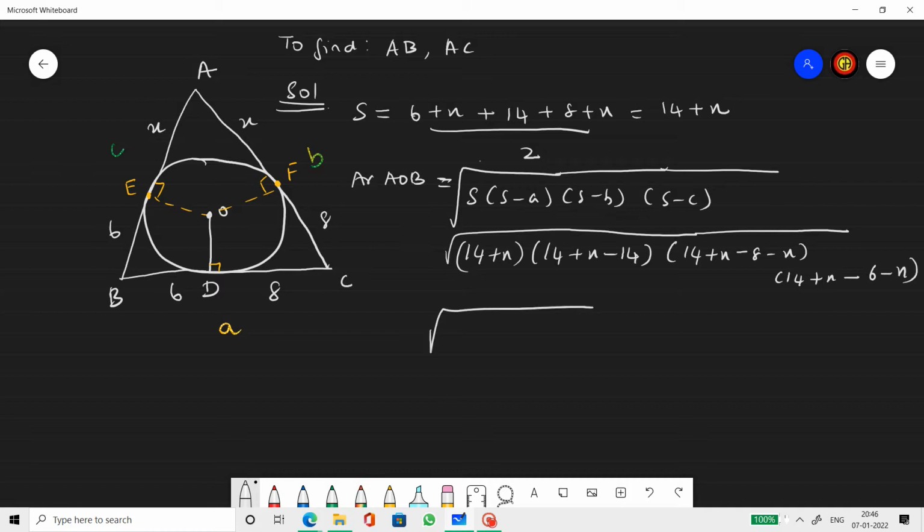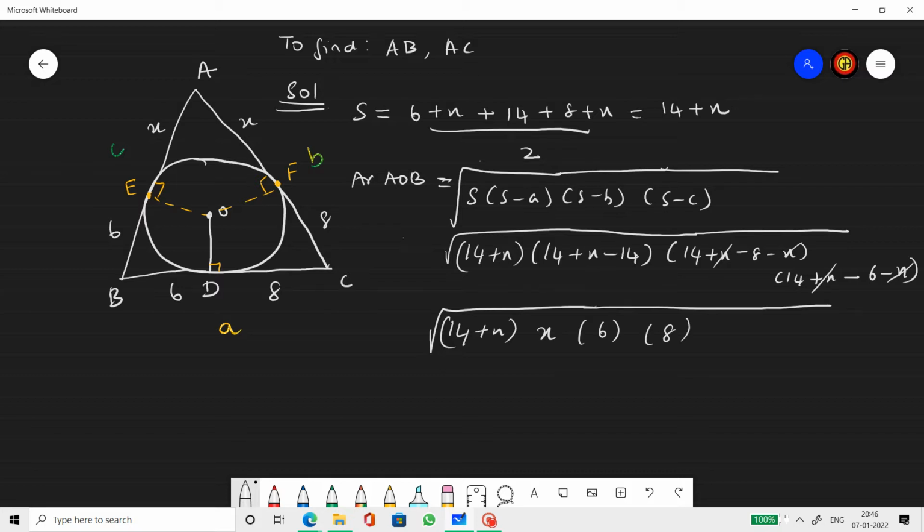Now when you simplify this, you get 14 plus X into X, into, plus X minus X gets cancelled, and we get 6. We get 8.